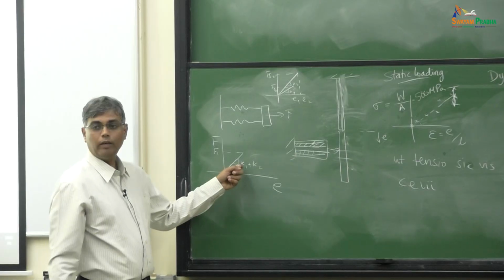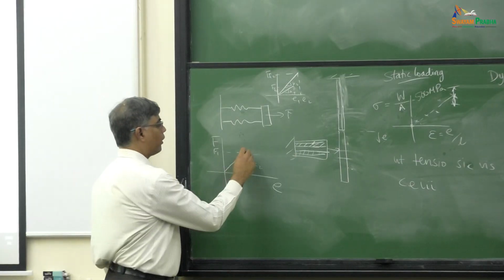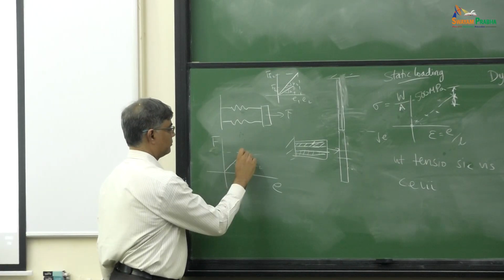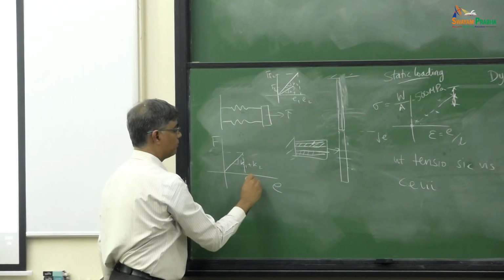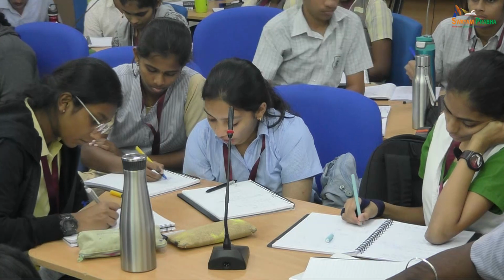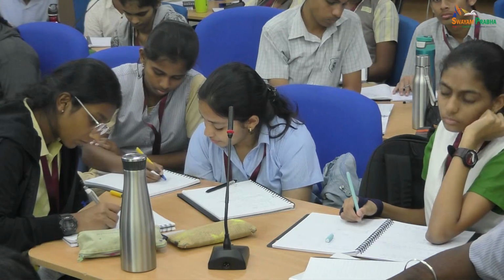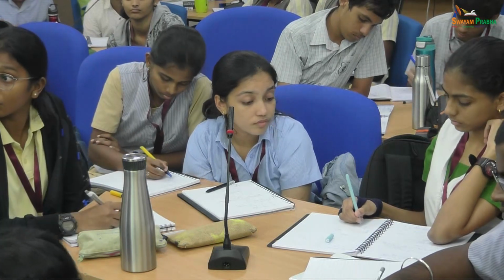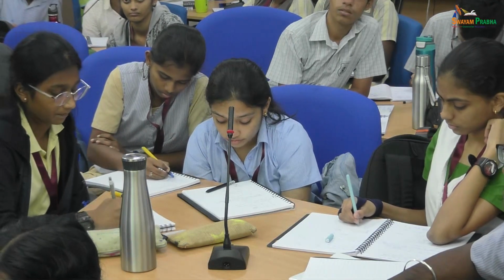So what will happen is, first, up to the point where both springs are extended to E1, both springs will be resisting the load and the modulus will be K1 plus K2, right?